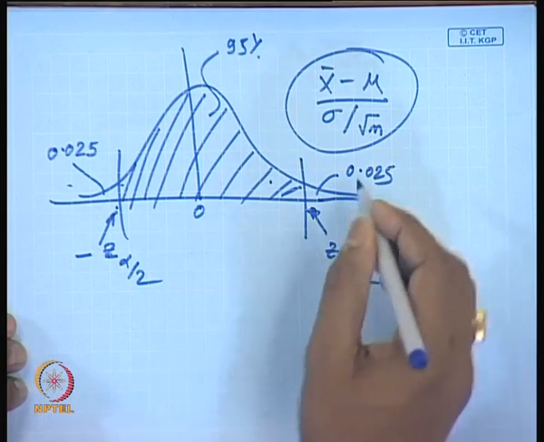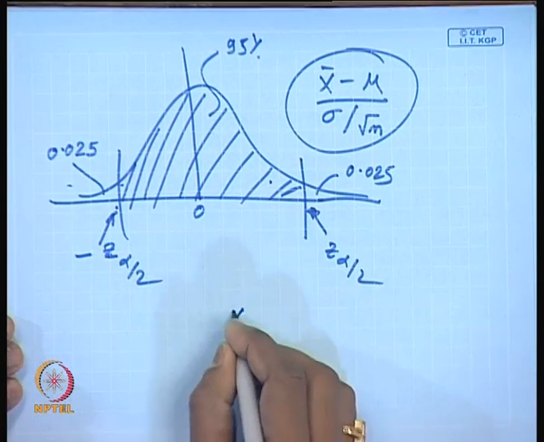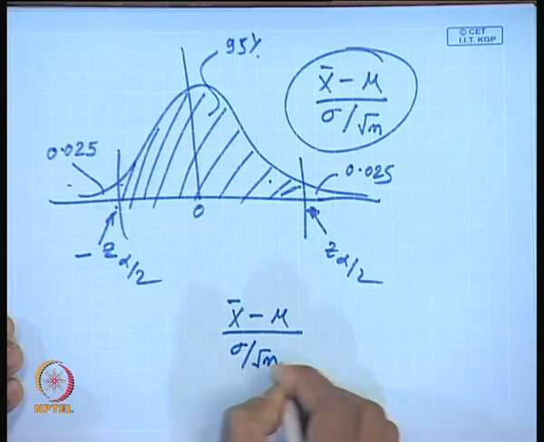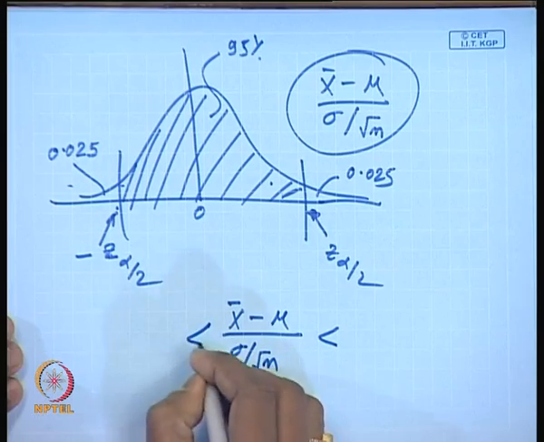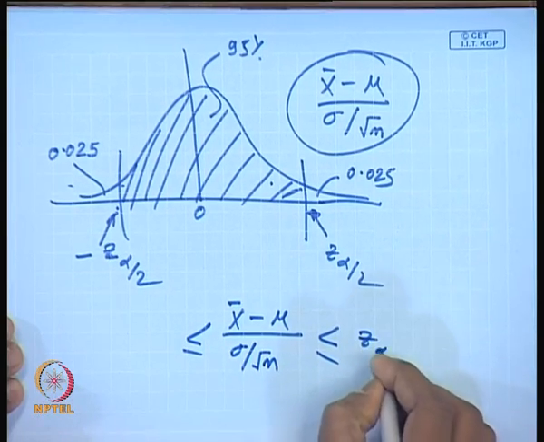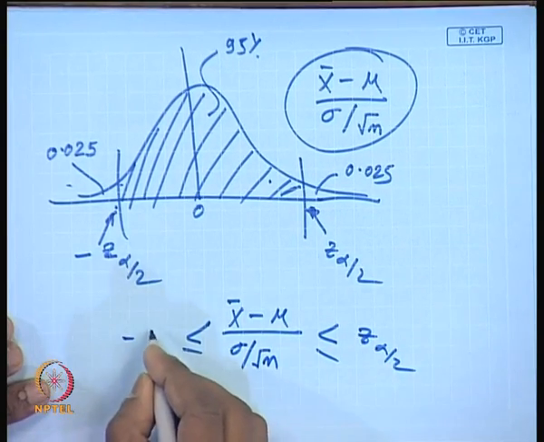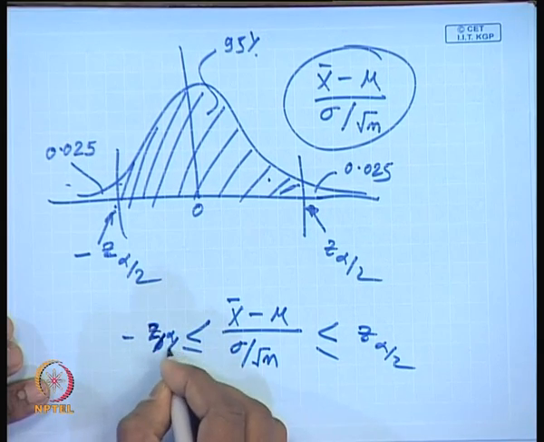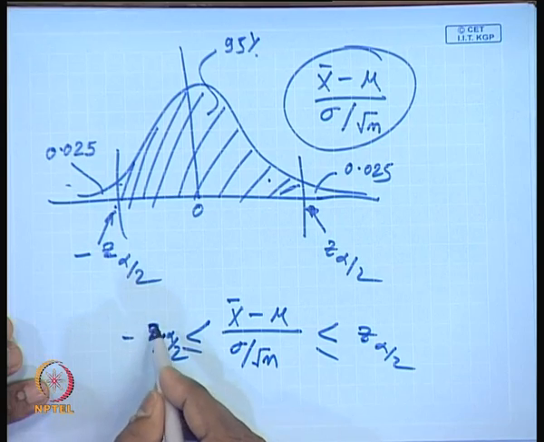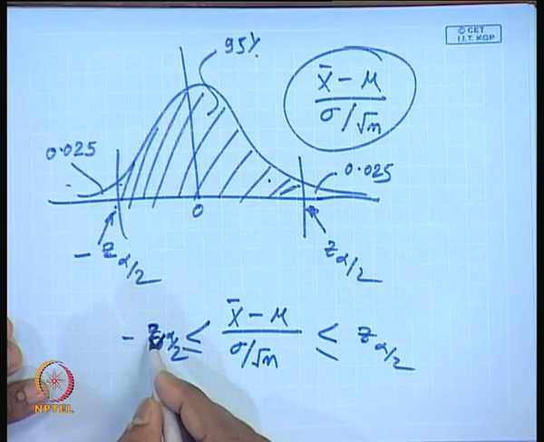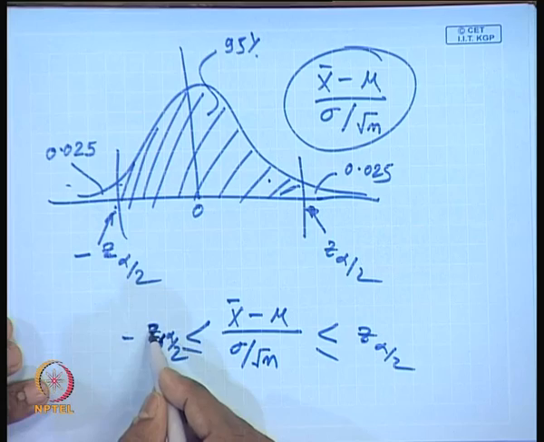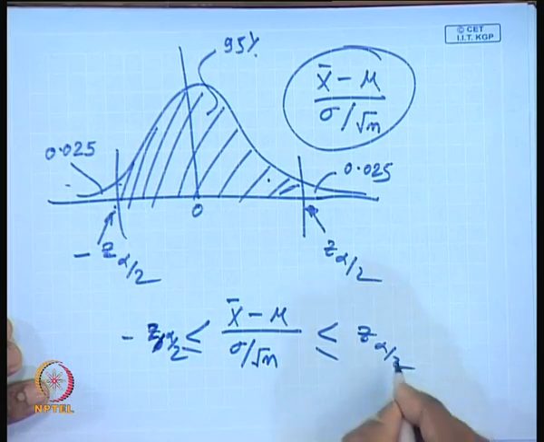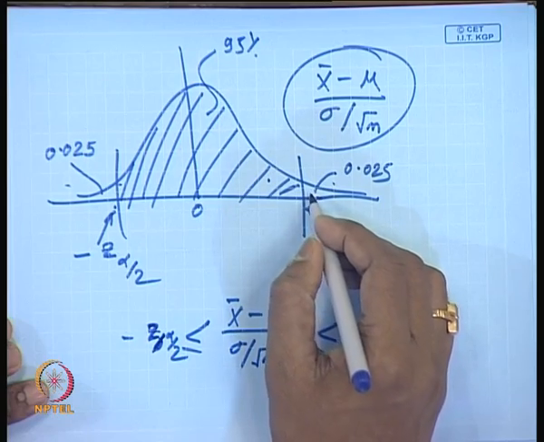So (x bar minus mu) divided by (sigma by square root n) should lie between these two. z is the reduced variate for the standard normal distribution, and this alpha by 2 is this part where we are.